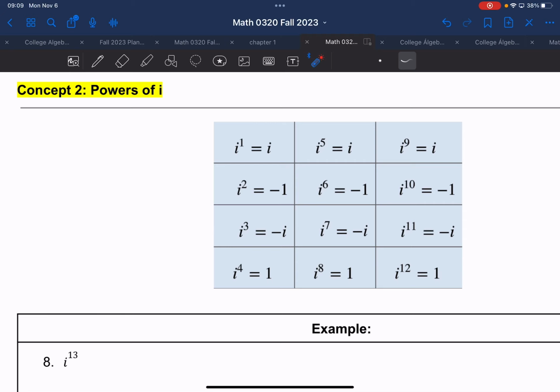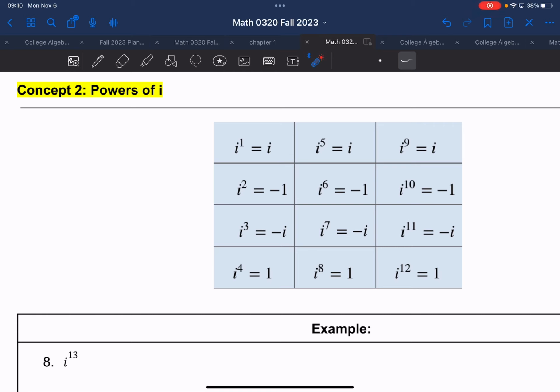What's the pattern here? Good. So if it is being raised to a positive even power, so 2, 4, 6, 8, so on, notice how the answer is always a 1 or a -1.